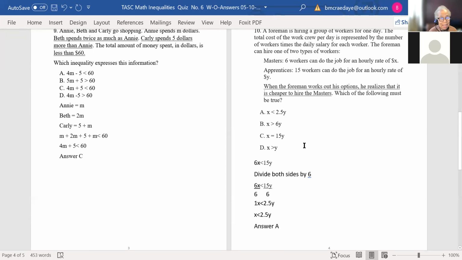See, once they tell you the foreman realized that it's cheaper to hire the masters than the apprentices, that means the amount of money that he'd have to pay the masters is less than what he'd have to pay the apprentices. So that's why you can write it.